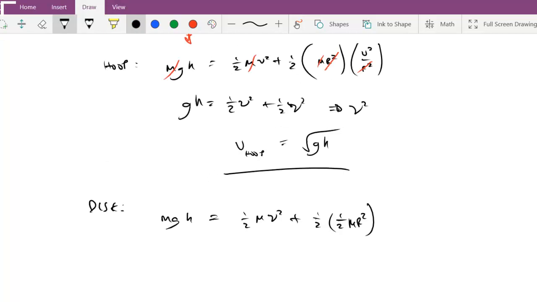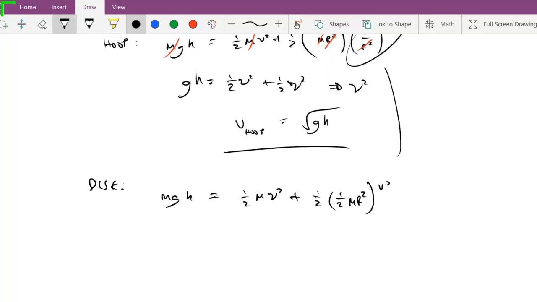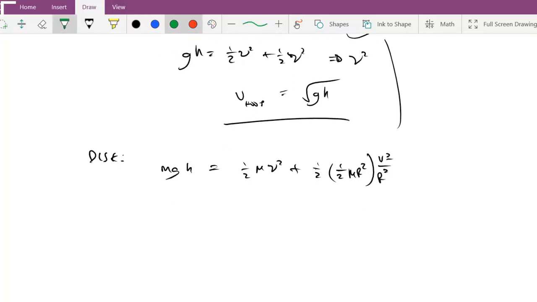And then times, we had here, v squared over r squared. And so then again, we have masses canceling, r squared here canceling with r squared there, and we have gh is equal to 1/2 v squared plus 1/4 v squared. So this is equal to 3/4 of v squared.